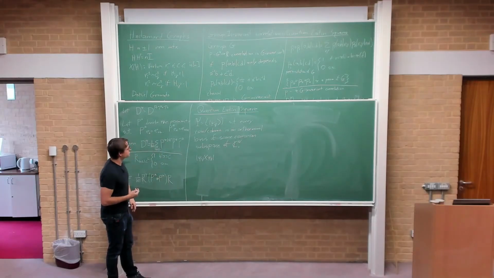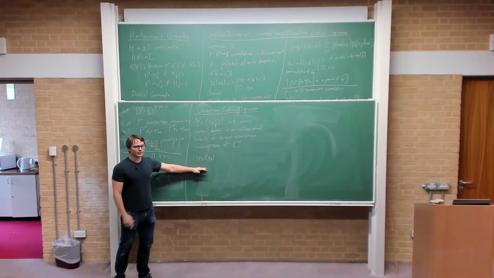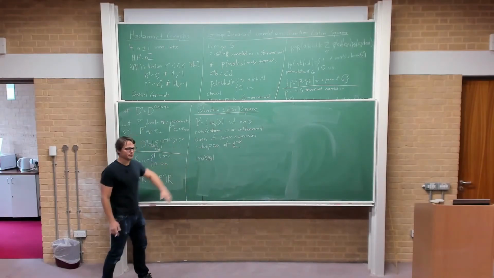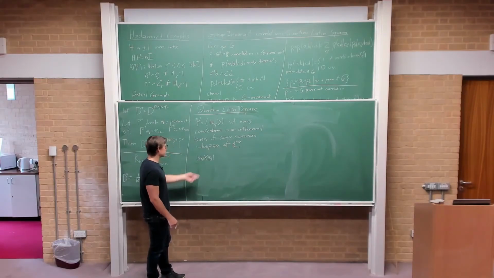Okay? Because this orthonormal basis condition is exactly the condition that these sum up to identity along a row or a column.